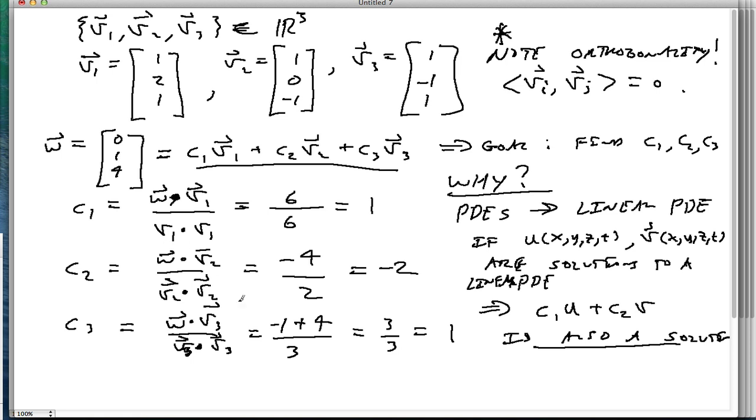And we're going to use this property of orthogonality to be able to express things. So in another video, we'll go over the same concept, but u and v will be functions. So our vector space will no longer be R3 or Rn, it'll be function space. But we'll do that another time. So thank you very much.